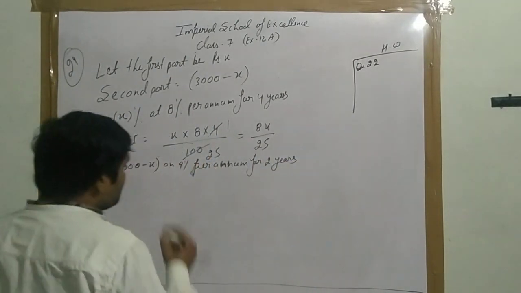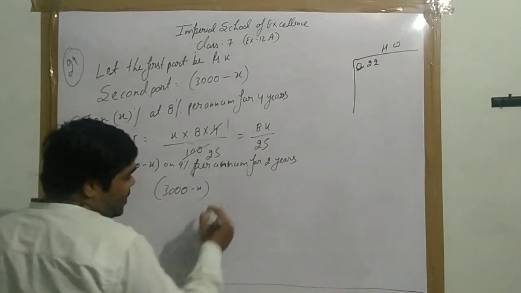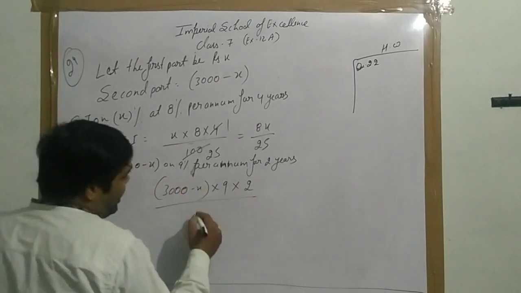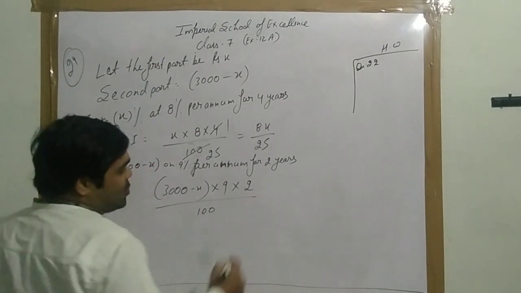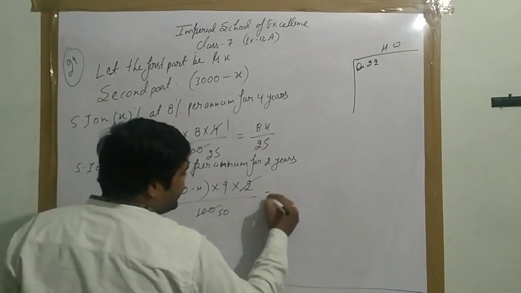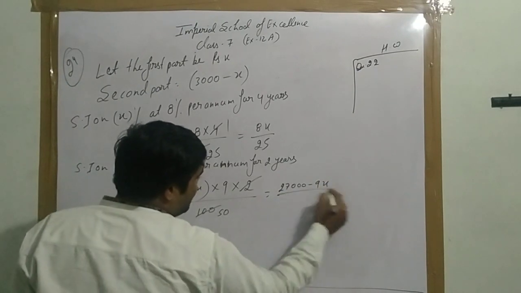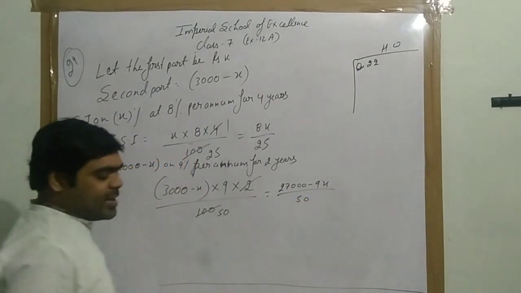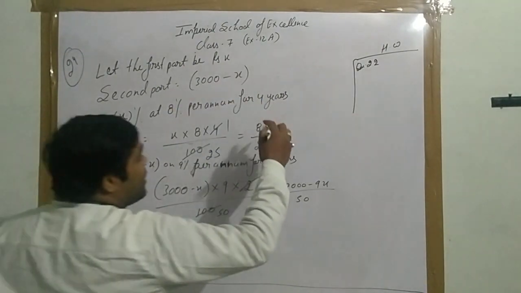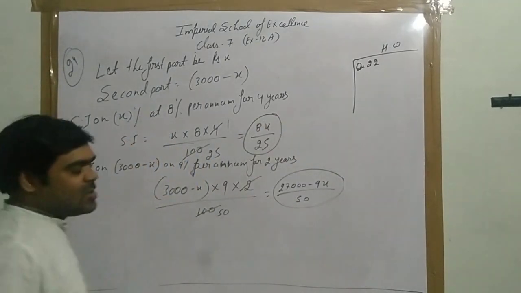So here we will do 3000 minus x, multiplied by 9, multiplied by 2, upon 100. Solve this, 50 here. After that 9 3s are 27, so 27,000 minus 9x upon 50. Now we have to compare: 8x upon 25 equals 27,000 minus 9x upon 50.